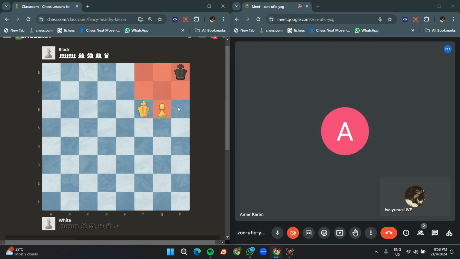So technically, if white moves here, occupying the key square, he should win. But there is an exception with the knight pawn. This king gets stalemated. In this situation, white cannot move up. But can he move the pawn? We see if he moves the pawn, then there is a stalemate position too.